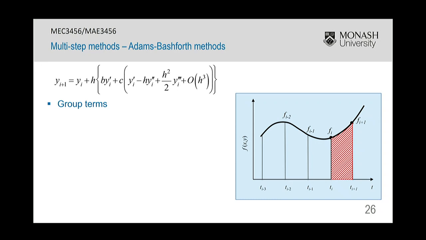We can group the terms in this expression, so there's a y dashed here and a y dashed there, and we write that yi plus 1 is equal to yi plus b plus c, h y dashed, minus c h squared y double dashed plus higher order terms.